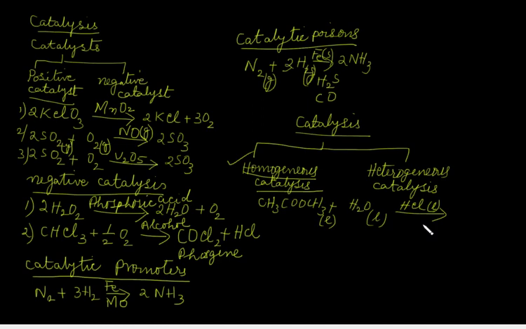What are the products? The products are ethanoic acid, CH3COOH, plus methanol, alcohol. These are the two products. Here the reactants and the catalyst are in liquid state. So this is a case of homogeneous catalysis.